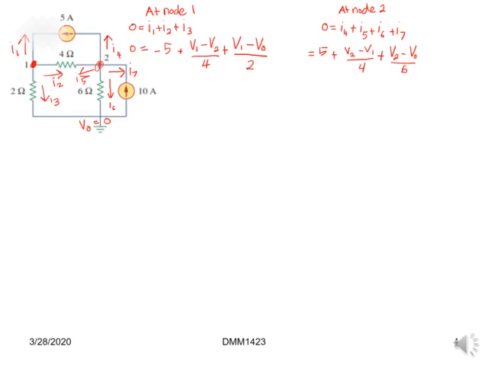Why? Because we assume that the current flowing to V1 will drop, so we write it as V2 minus V1 divided by 4.